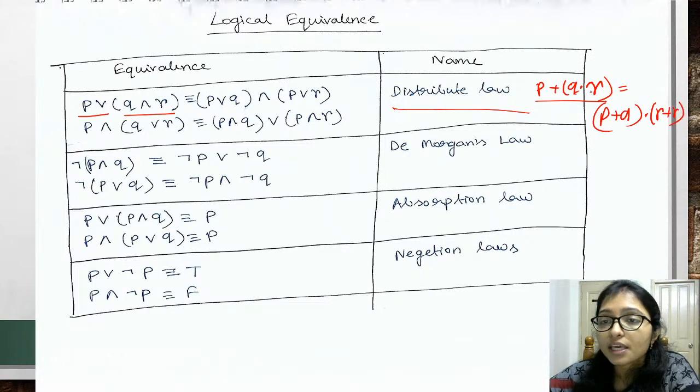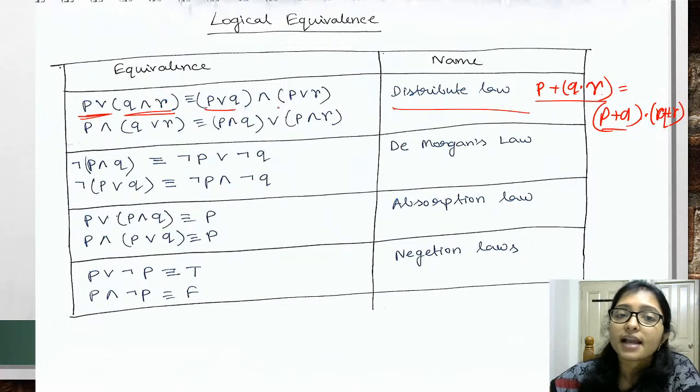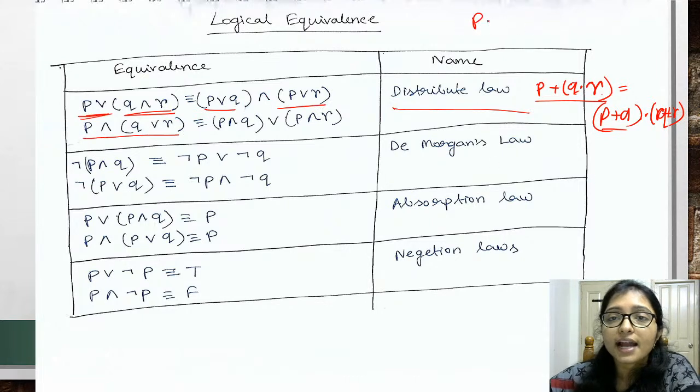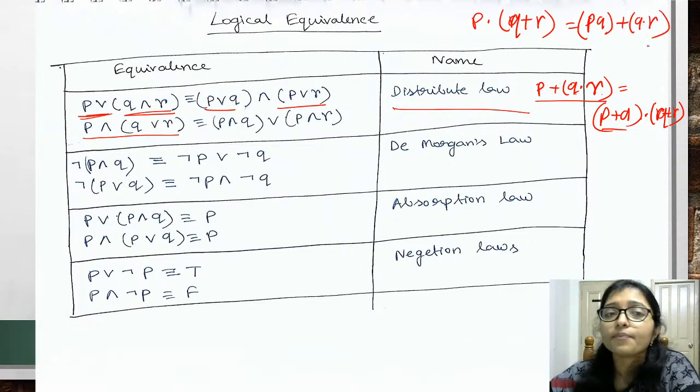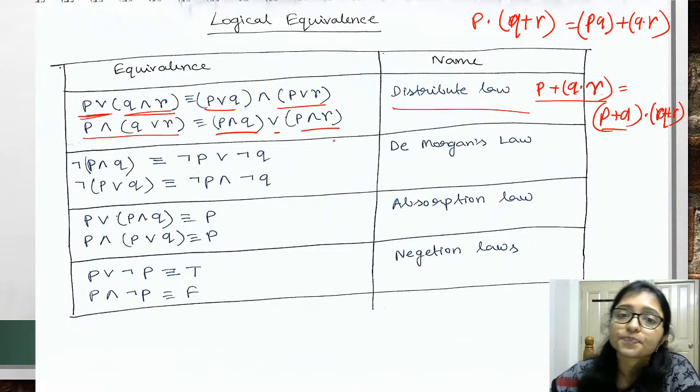That is written here. And the same here also, here it is written P dot Q plus R, that is nothing but PQ plus PR. The same is written here. Right? That is called distributive law.